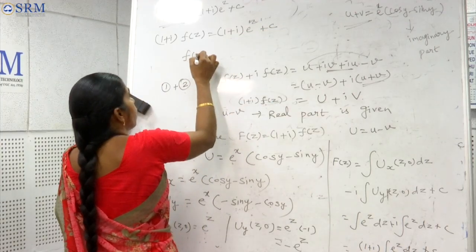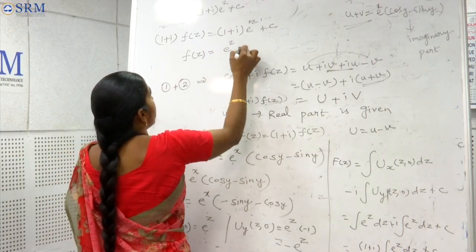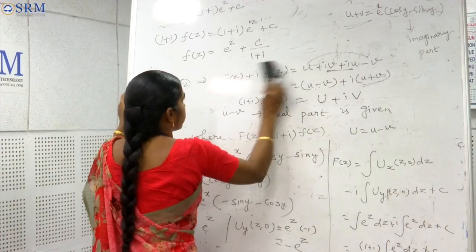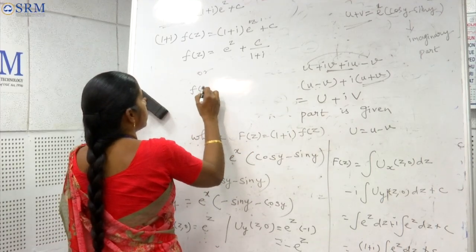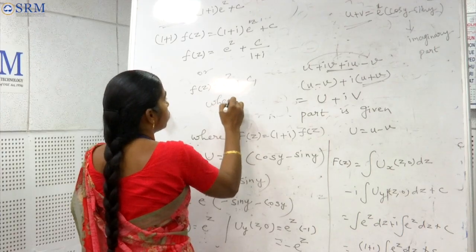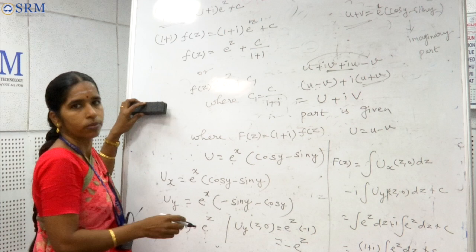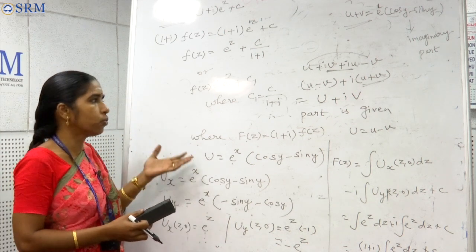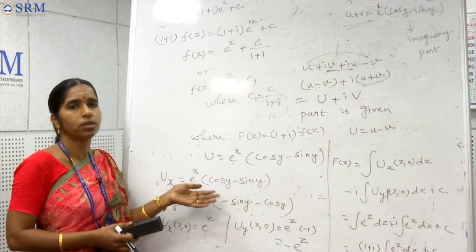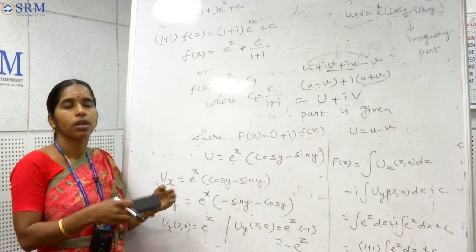So to find f of z, divide by 1 plus i: f of z is equal to e power z plus c divided by (1 plus i), or f of z is equal to e power z plus c1, where c1 is equal to c divided by (1 plus i). In a direct question, you can find it by this easy method, but with u plus v, u minus v or 2u plus v, based on your question, you rewrite f of z using multiplication, addition or subtraction.